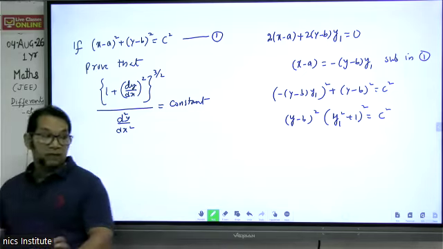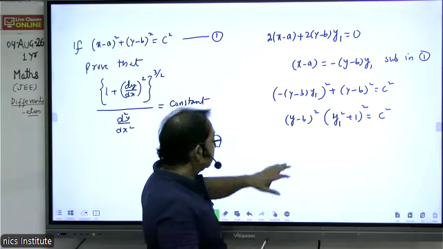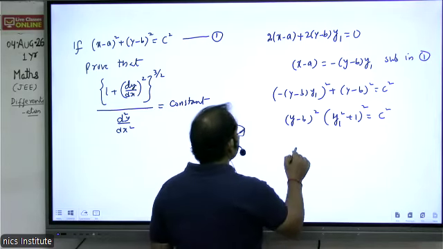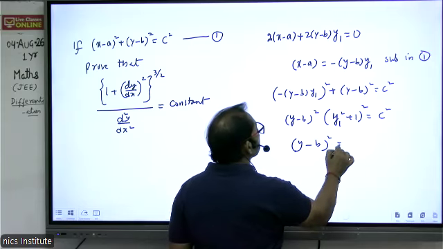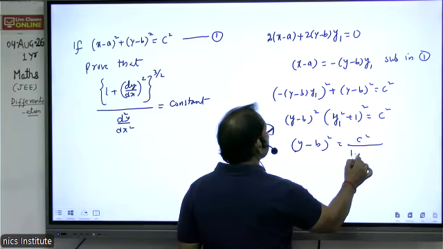Now if at this stage I differentiate this, y minus b वापस आएगा. So let's be a little smarter. Bring it on the right side.